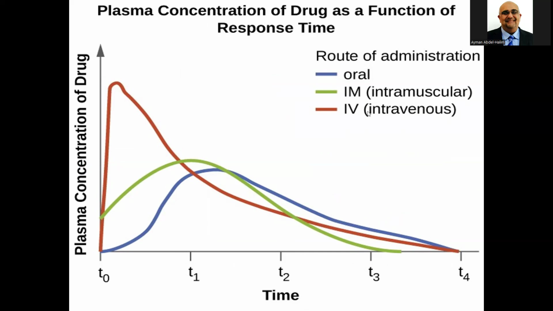As you can see, the oral takes longer to reach its Cmax, while the IV is almost immediate. You give the drug, you get to the peak. IM takes time in between the oral and the IV.